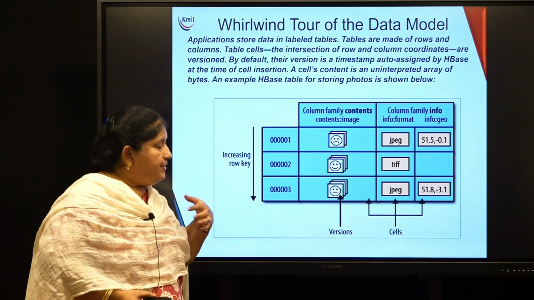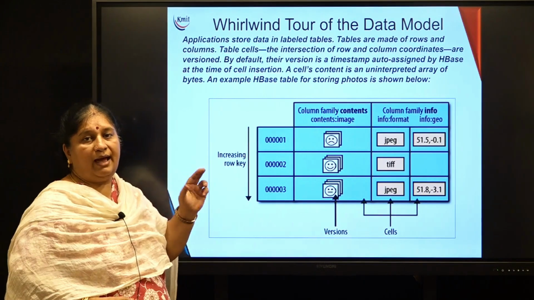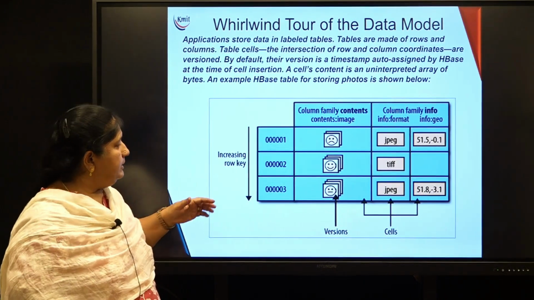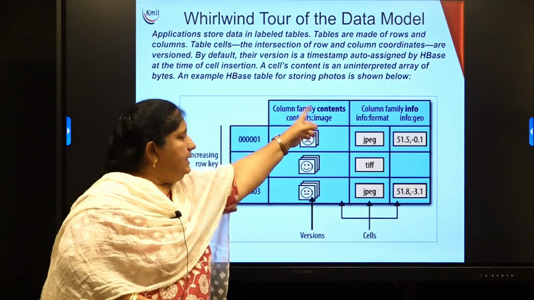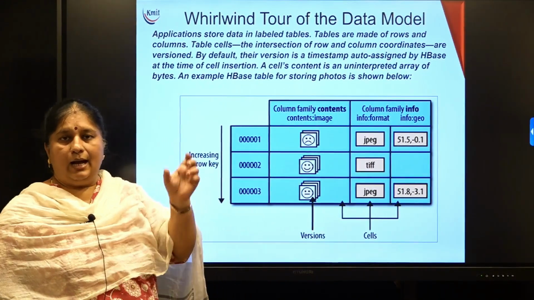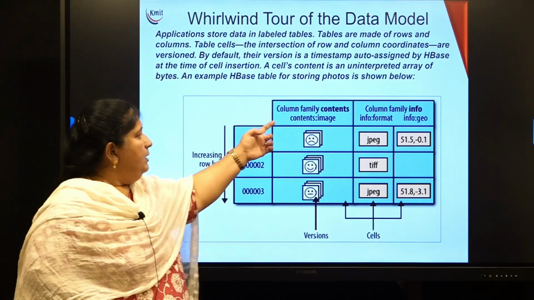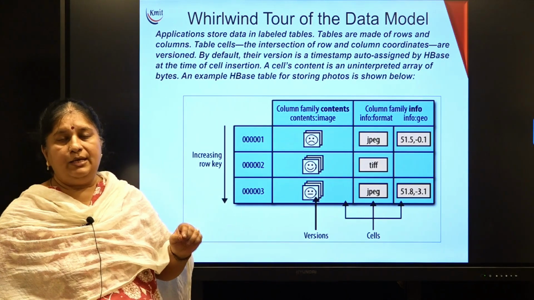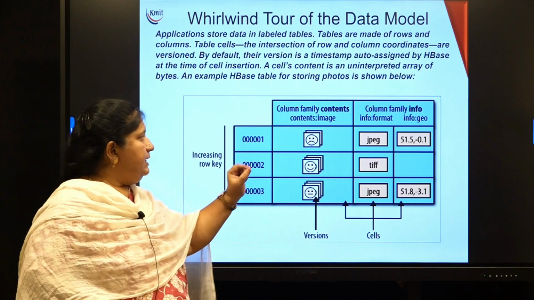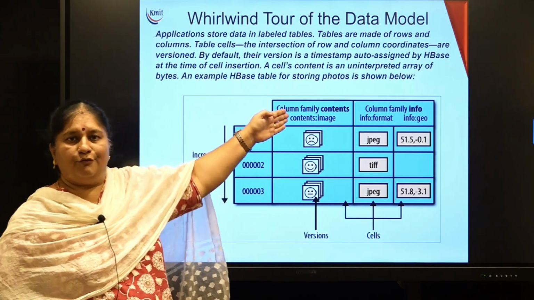Now we have said that the columns are versioned and they have labels. What do I mean by that? Say for example here, the column family is contents. It is like the attribute name, or the field name of this table, which is contents. What is the data type of the content? Content is having an image. Here we say the family name is content, and this is a family member of that.